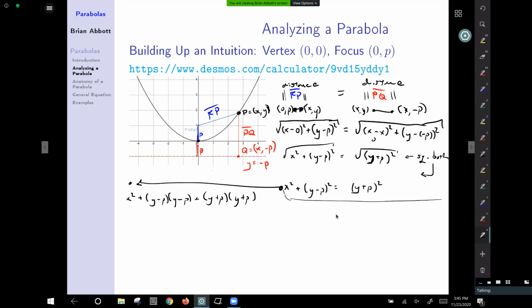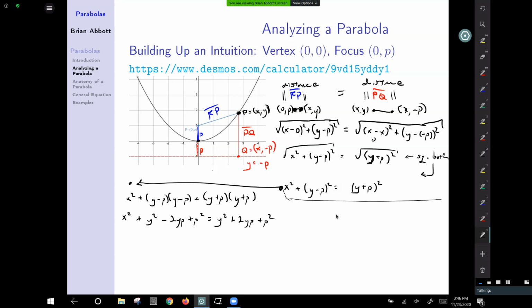And multiplying these out, we are going to get x squared plus y squared minus 2yp, plus negative p times negative p gives me positive p squared, equals, now I'll multiply this out, y times y gives me y squared, plus 2 yp's, and then p times p gives me plus p squared.